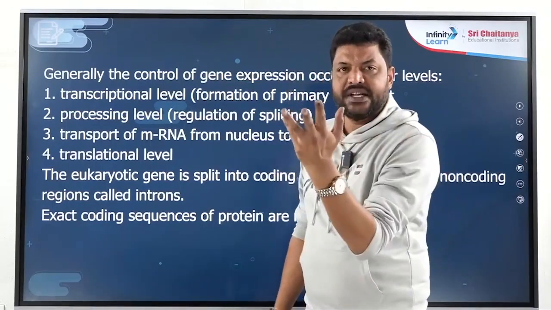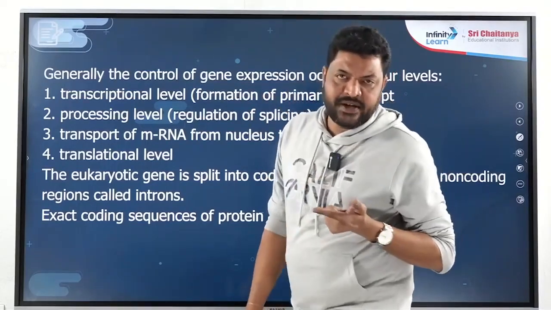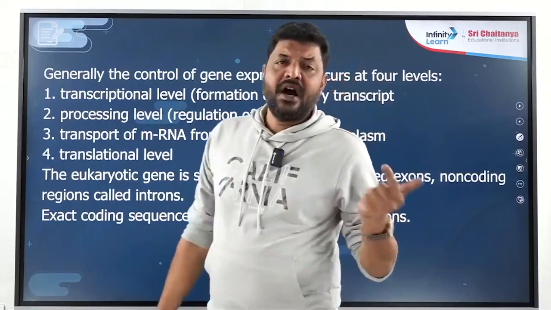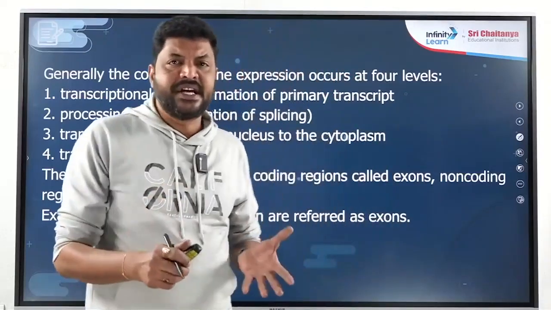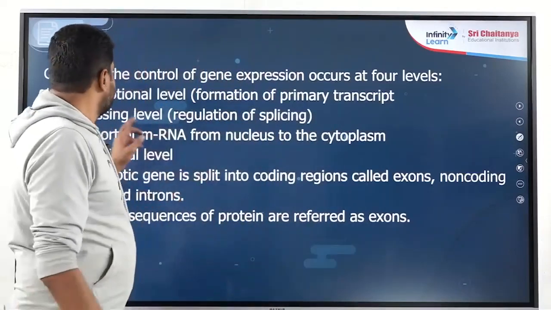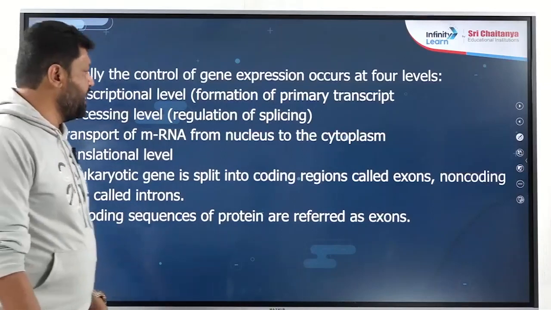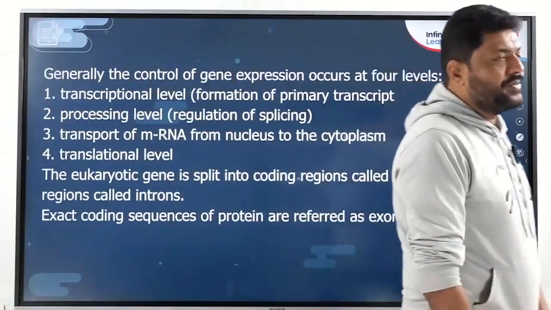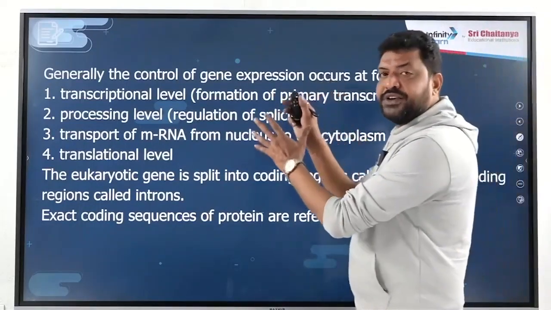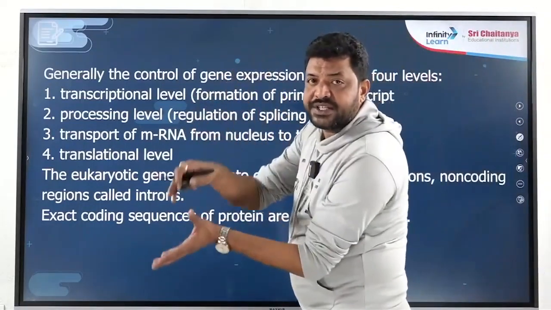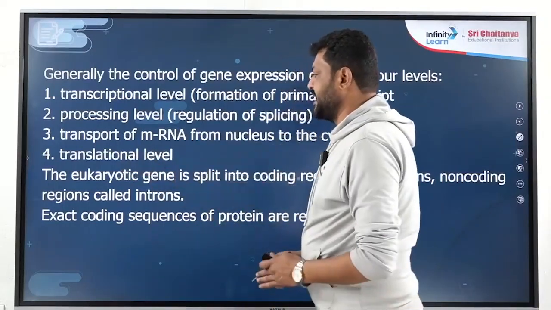This process is called splicing, or maturation, or editing, or processing. That is called the processing level. Third, transport of mRNA from the nucleus to the cytoplasm. You know very well that in eukaryotes the mRNA has to be transported from the nucleus to the cytoplasm for translation. And finally, the fourth level is translation.